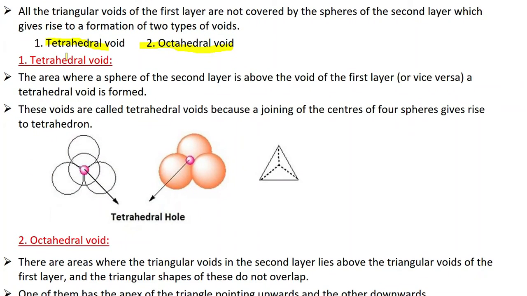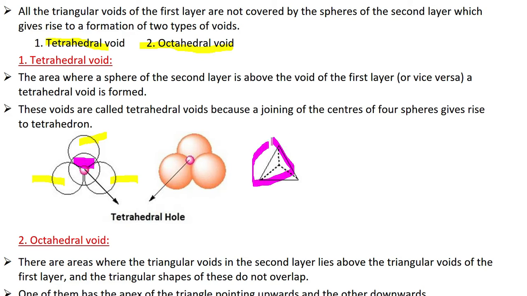How is the tetrahedral void formed? These three spheres, one, two, three, belong to the first layer, and this top sphere belongs to the second layer. While arranging spheres in this manner, we got a tetrahedral void.